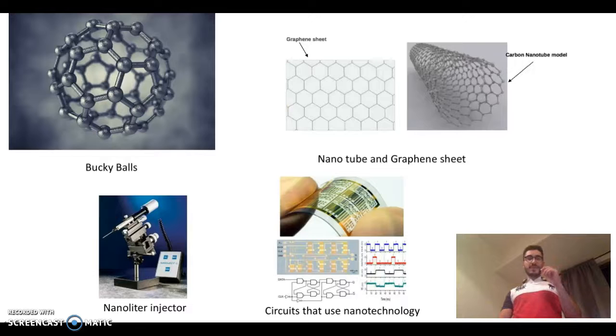In order to make the circuits work, they developed a method to remove these metallic nanotubes and substitute them with carbon nanotubes. Also, other than the carbon nanotubes, they also had semiconducting nanotubes. They also developed an algorithm to deal with the misaligned nanotubes.